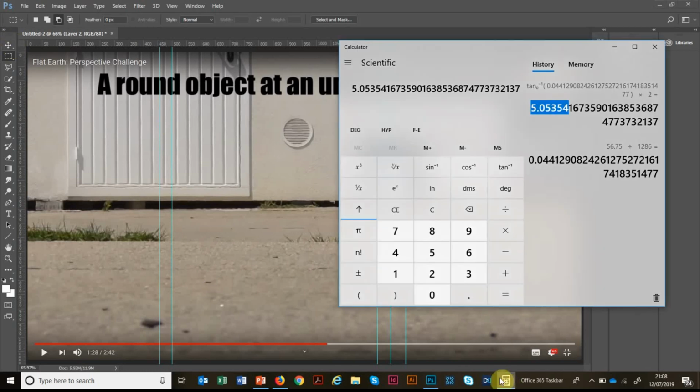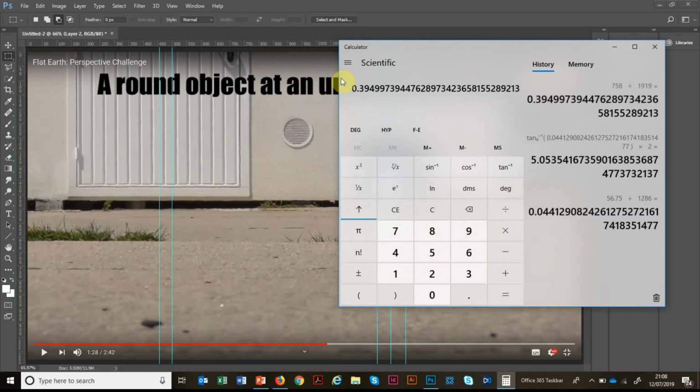So grab our calculator: 758 divided by 1919. That's 0.39 something of the total box width, and there was our angle. Let's now multiply that by the total angle, 5.05354.